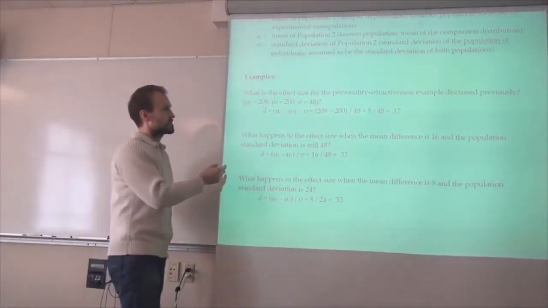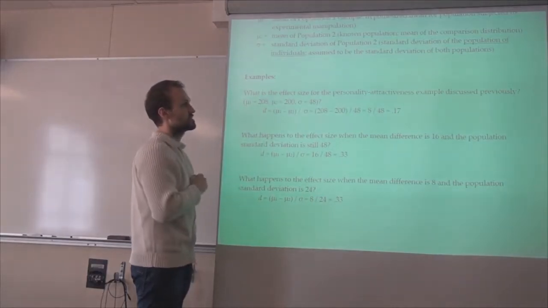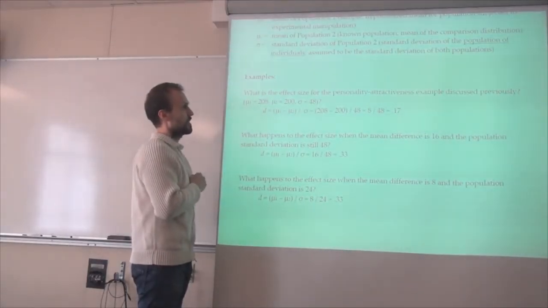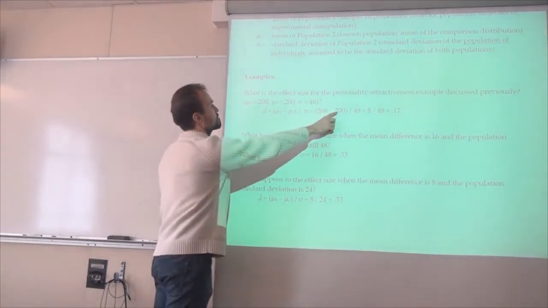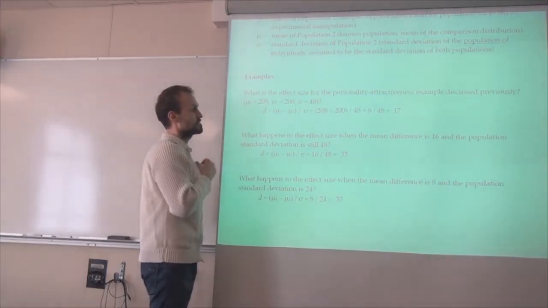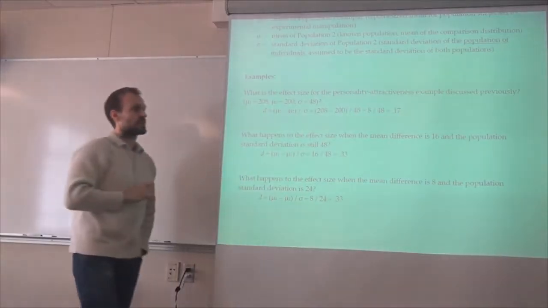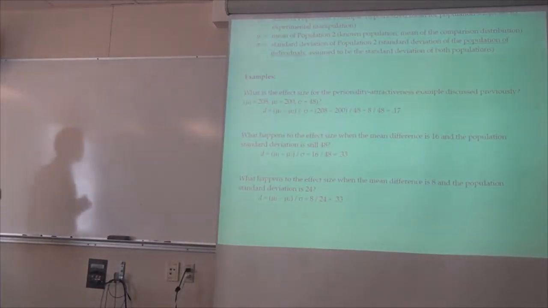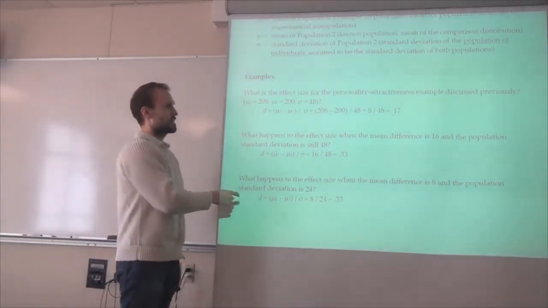If I have different numbers, for example, what happens to the effect size if the mean difference is 16 and the standard deviation is still 48? Then instead of 208 versus 200, I now get a slightly bigger gap, so the effect size will be bigger the further away the two means are from each other. But it's also affected by standard deviation.